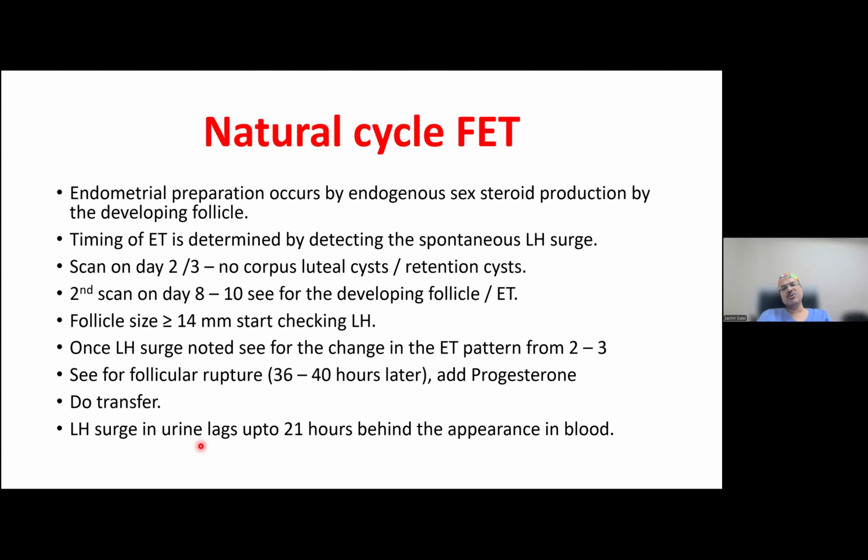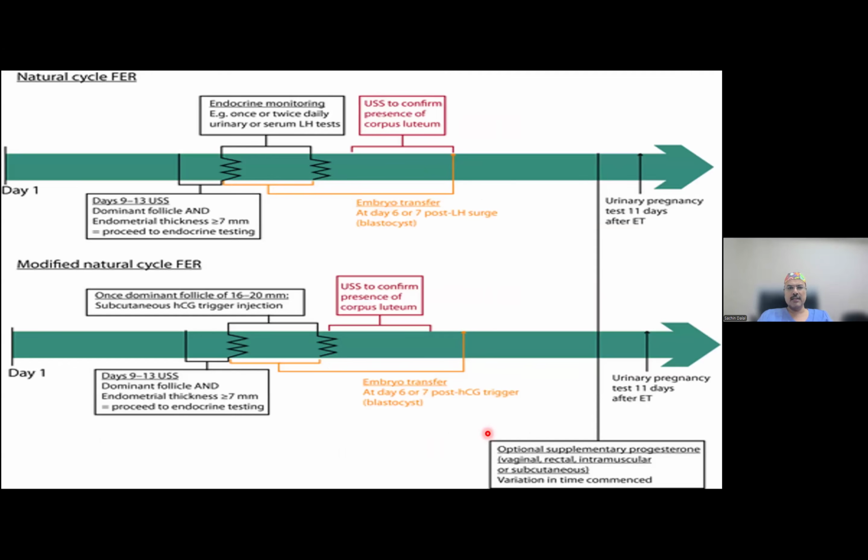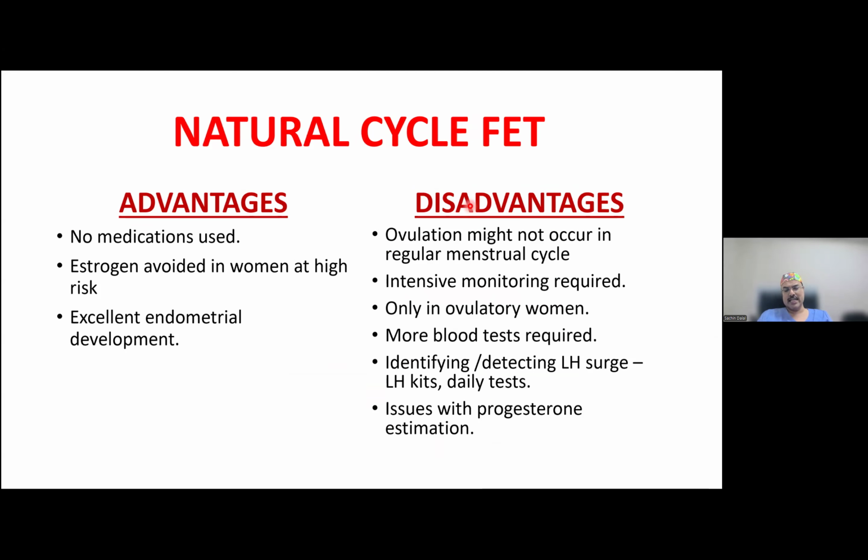LH surge in urine lags up to 21 hours behind the appearance in blood. So this is something that you would be doing. You have to scan the patient more frequently, do a urinary or serum LH levels, and see for the confirmation of the corpus luteum and transfer the embryo after 5 to 6 days.